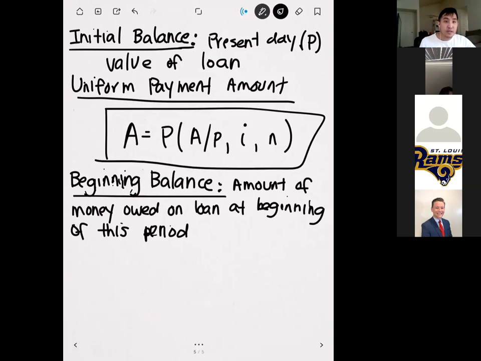Your beginning balance at the first period is going to be your present day value, the initial balance. And then each period after that, the beginning balance is going to go down as you pay off the principal.